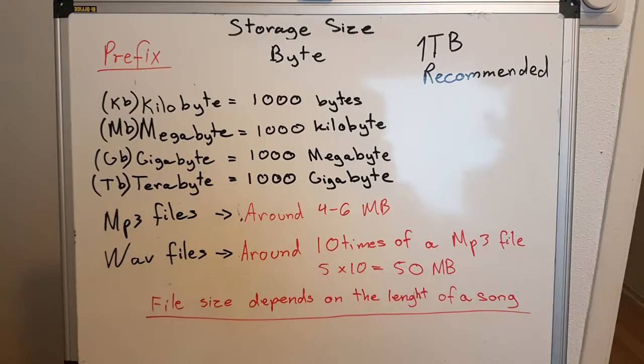When we're talking about the size of the hard drive, they usually refer to bytes, but we mostly talk about megabytes, gigabytes, or terabytes. For example, we have this internal hard drive right here, which is 2000 gigabytes, which means 2 terabytes.